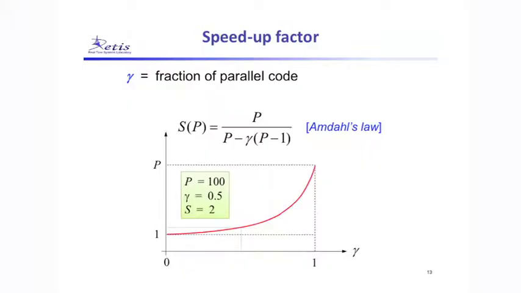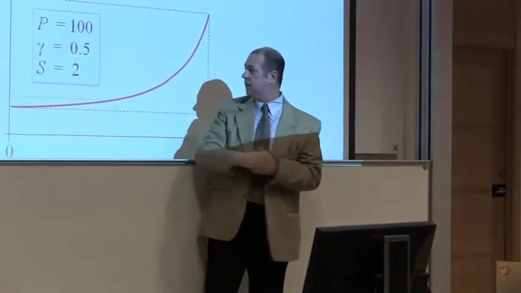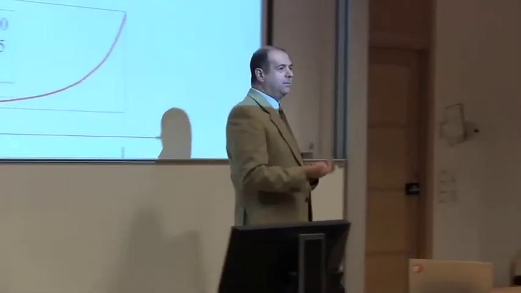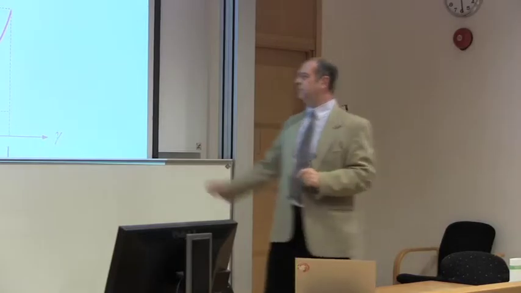And if we plot this curve as a function of gamma, as a function of the fraction that we parallelize, we can see that in order to really achieve a benefit, we need to parallelize a lot. In fact, if we have 100 processors, and suppose we are able to parallelize only 50% of our code, we just achieve a speedup factor of 2, which is not the best we can do, because we have hundreds of processors.